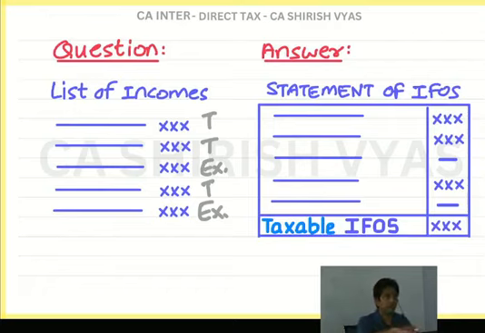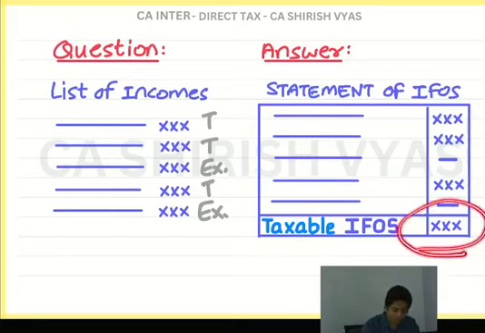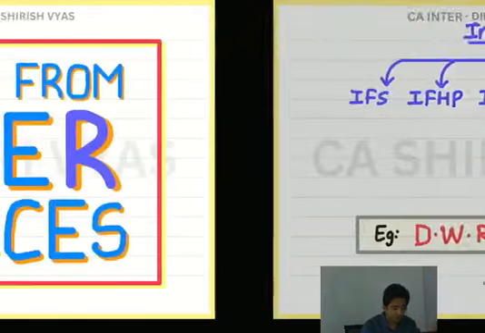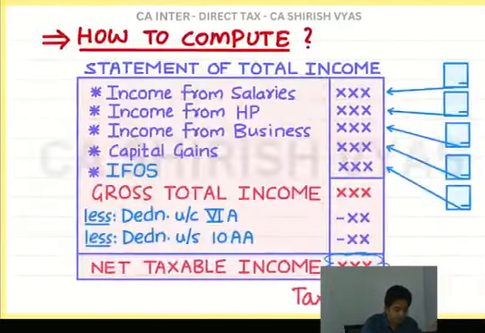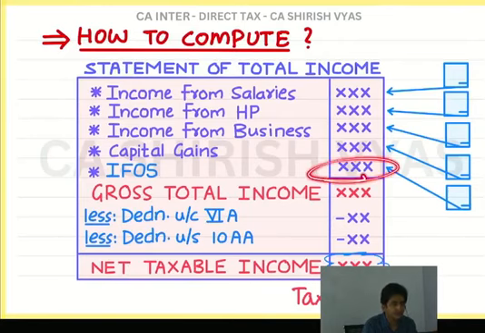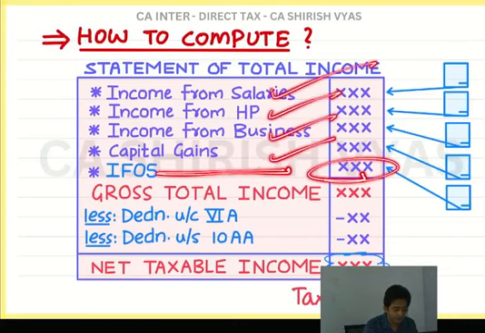In this chapter you have to do this much only. This is the beginning, right? But then what to do with this? See, our sum ends here. But after this, what should come to your mind? This figure will be transferred here. And then along with this income there are brothers of this income: salary, house property, business, capital gains.